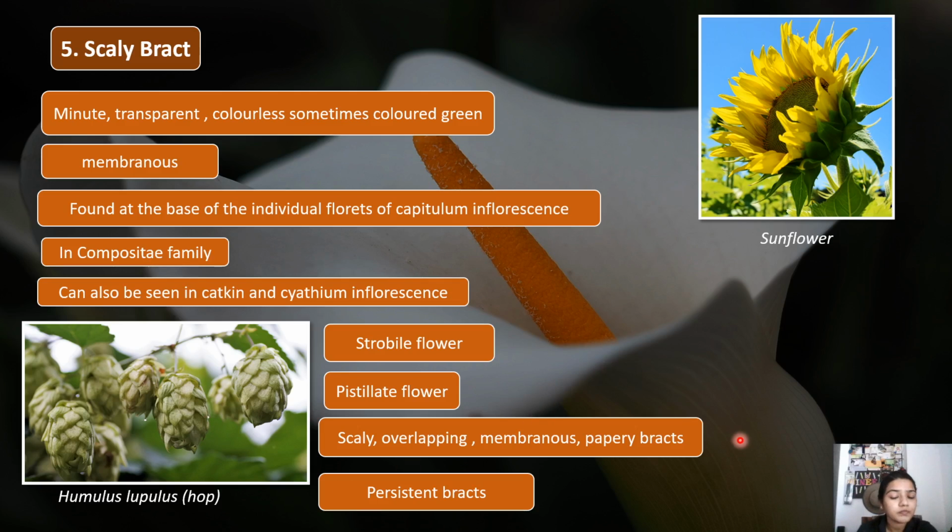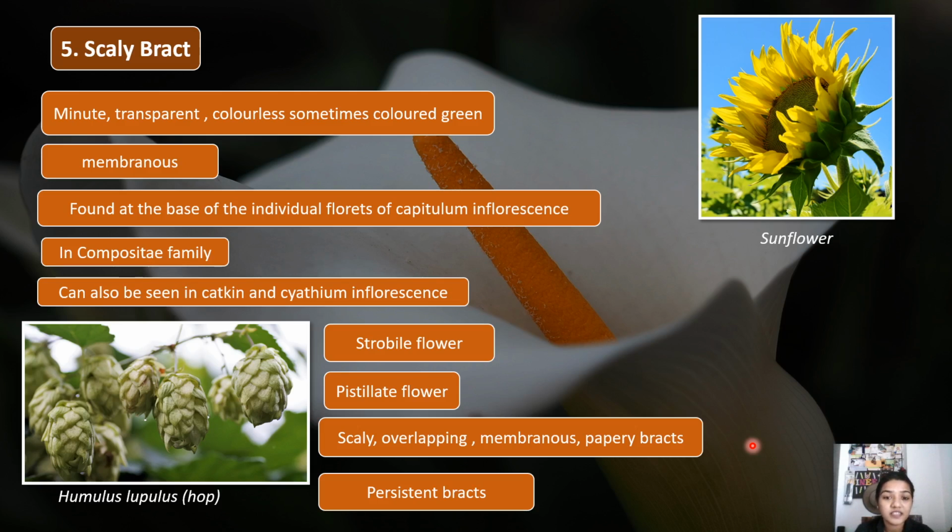So these are the 5 main types of bracts that you need to know, right? But there are certain other terms like glumes, palea, right? If you remember, the Gramineae family has the 3 structures that we have seen in its inflorescence. These are the glume, the palea, and one more thing, right?